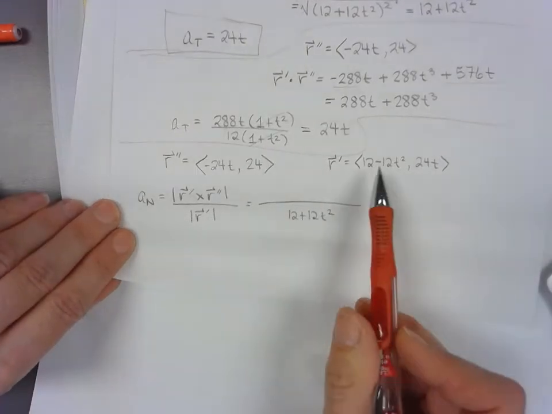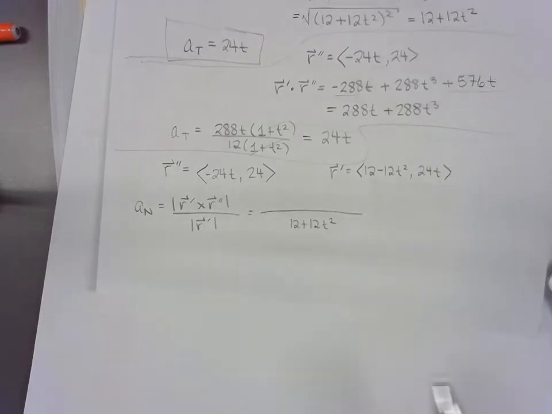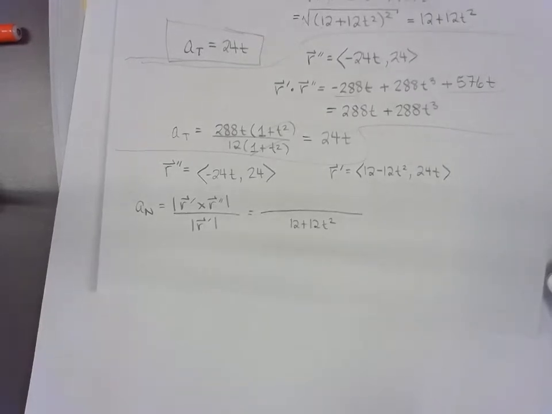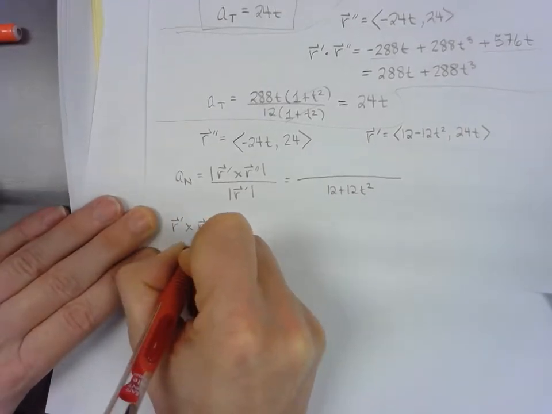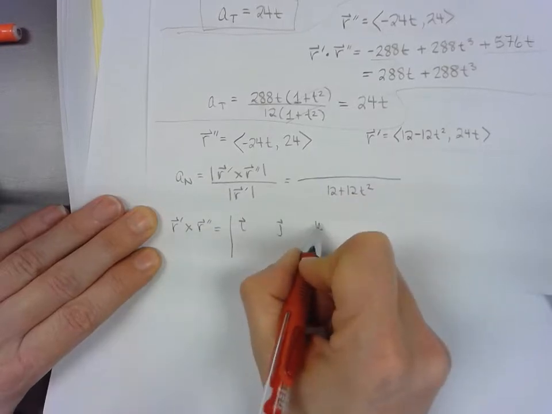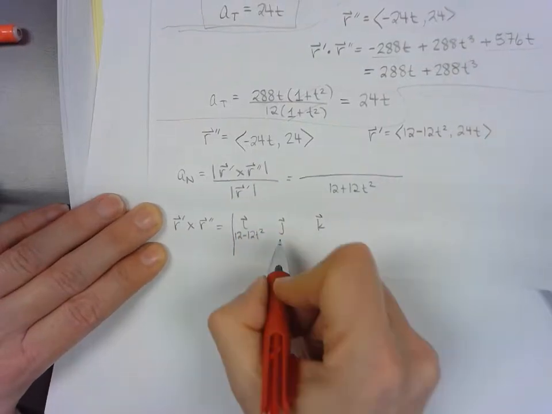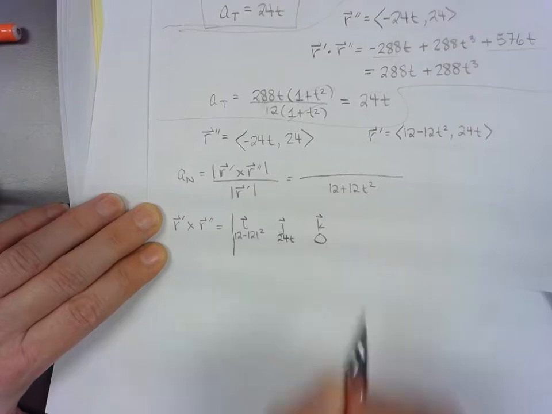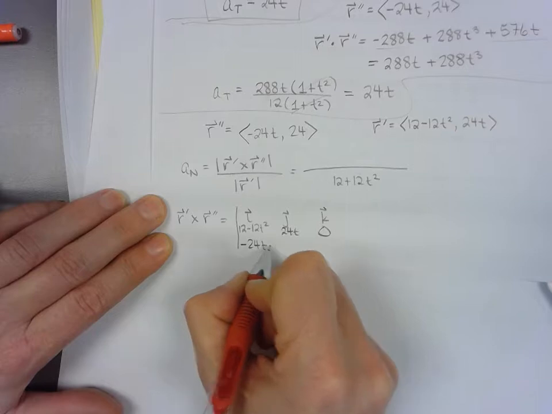Okay. Cross product is set up for 3-dimensional vectors. We only have 2-dimensional vectors. How can we make it work? 0 in the third component, right? So r prime cross r double prime. So r prime, 12 minus 12t squared, 24t, 0. And then our double prime, negative 24t, 24, 0.